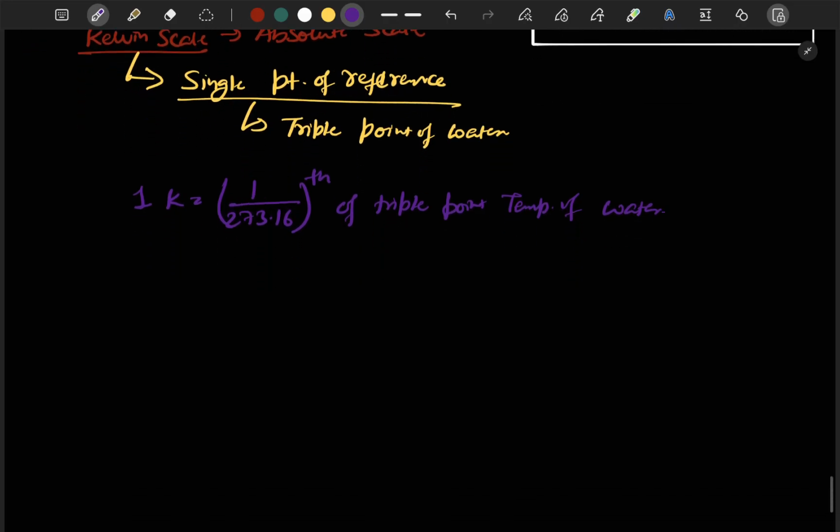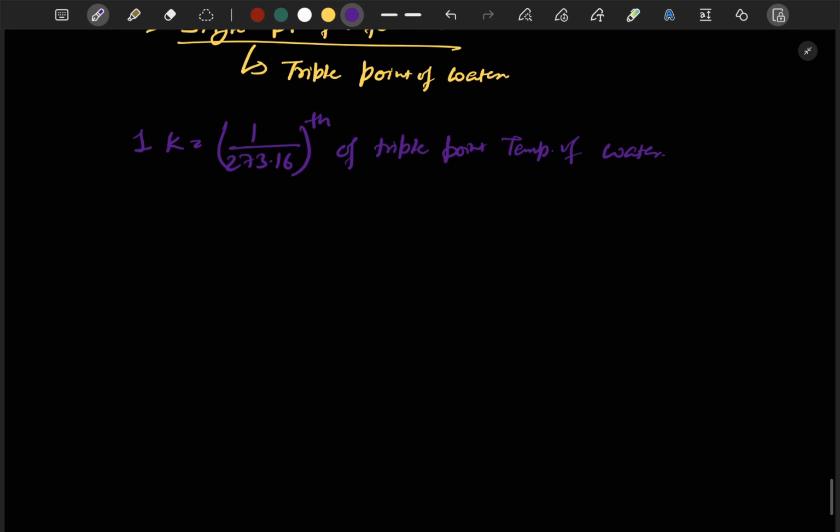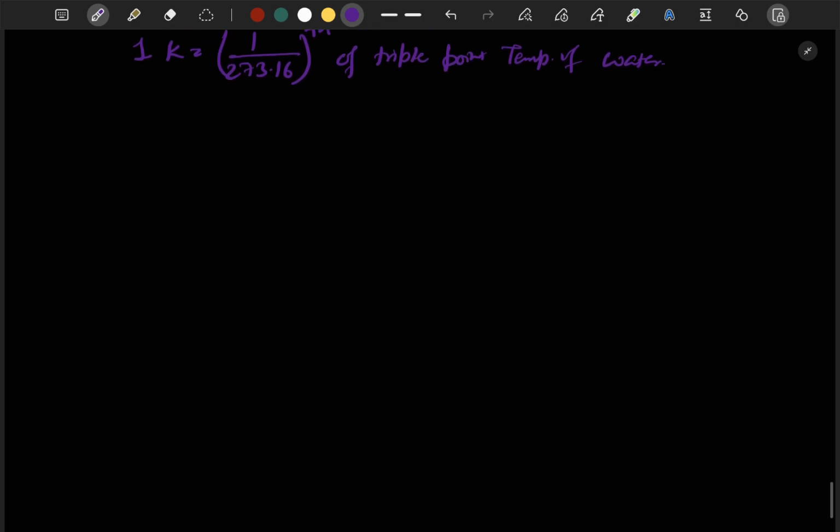Next, let's see how the Kelvin scale came into being. The scientists experimented with the temperature for various gases. Let's say this is the temperature axis and this is the pressure axis.